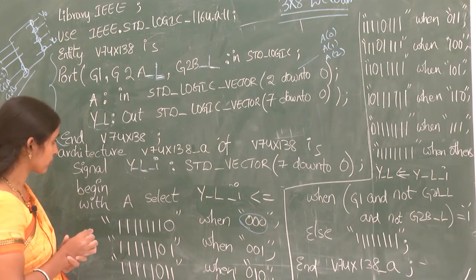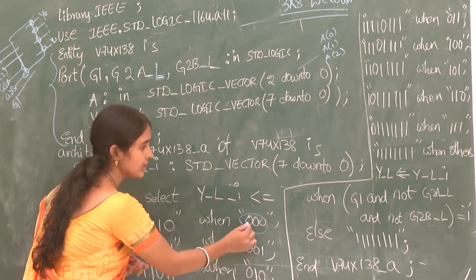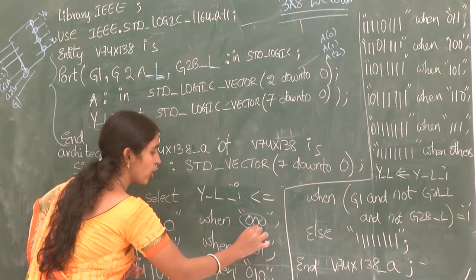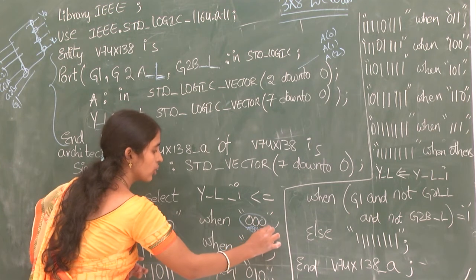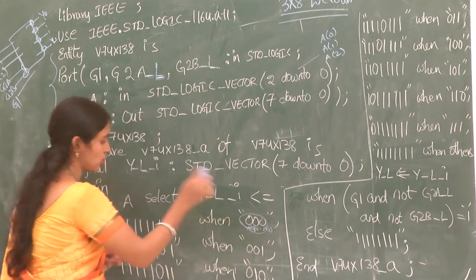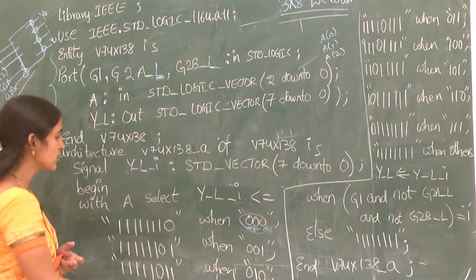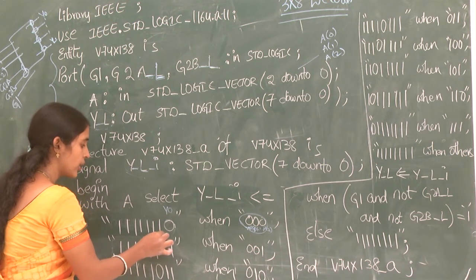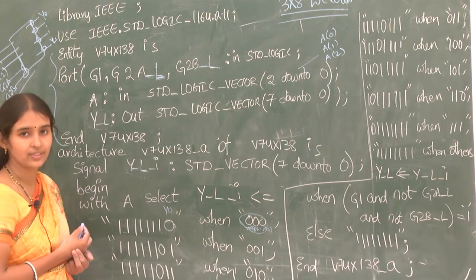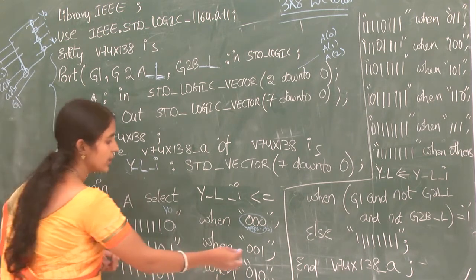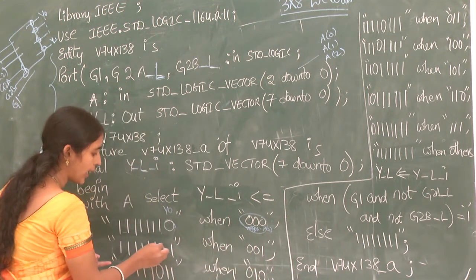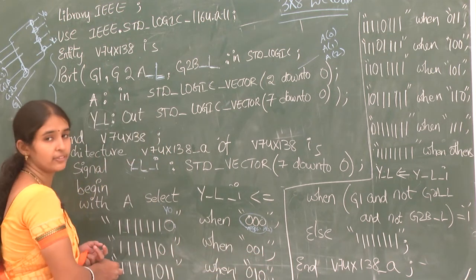See here, this is your A of 0, A of 1, A of 2. Okay, if all the inputs are zeros, that means only y0 will be active low, that is 0, and all others are represented with 1. At the same time, 0 0 1 indicates that y1 will be 0 and all others will be 1.